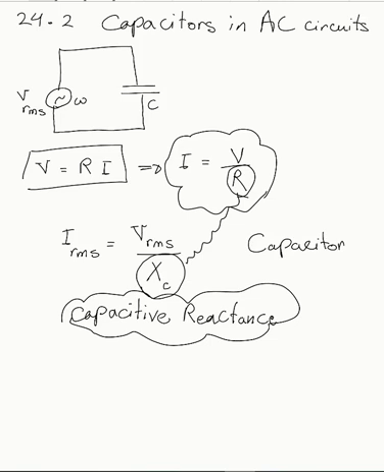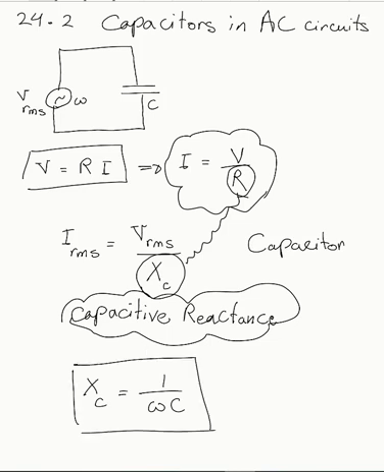Okay, now it is important to define X_C in terms of the quantities that we know. I can define X_C to be 1 over omega C. Omega is the angular frequency, like we had before, and that omega was 2 pi f.